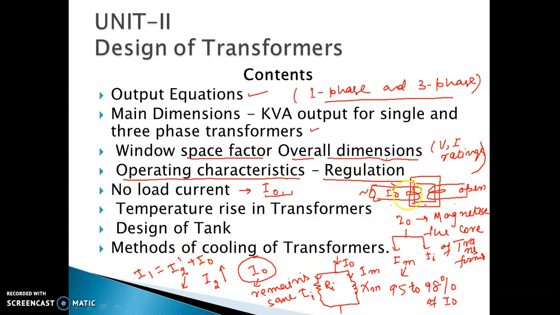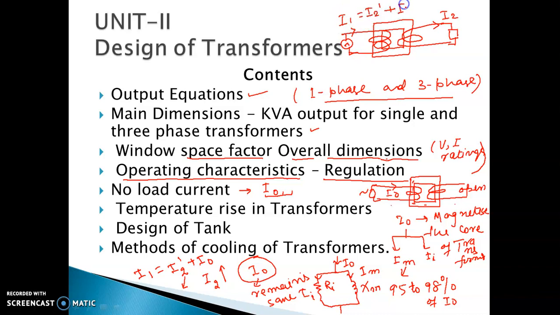So when the secondary side is loaded, I am drawing another diagram here so that you can recall your previous concept. Some portion I am repeating again. Suppose this is your primary side and this is your secondary side. Once a load is connected here, I2 will start to flow, and now the current I1 from the primary side will be equal to I2 dash plus I naught.